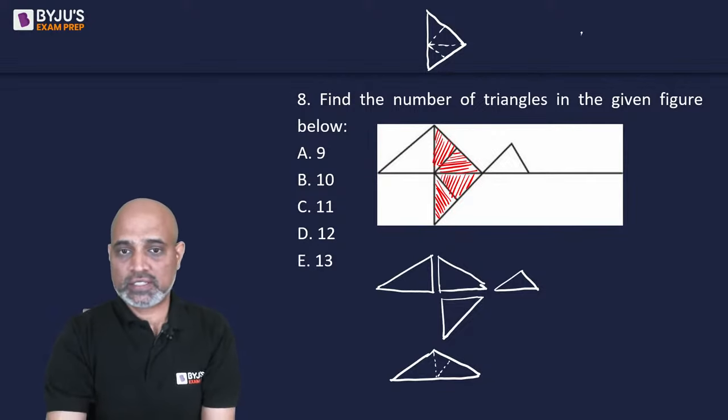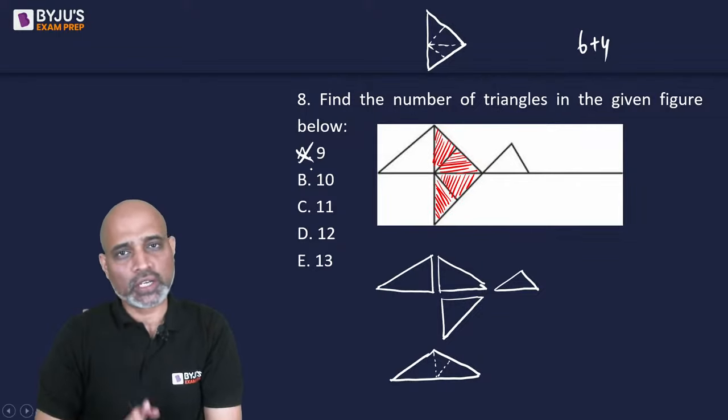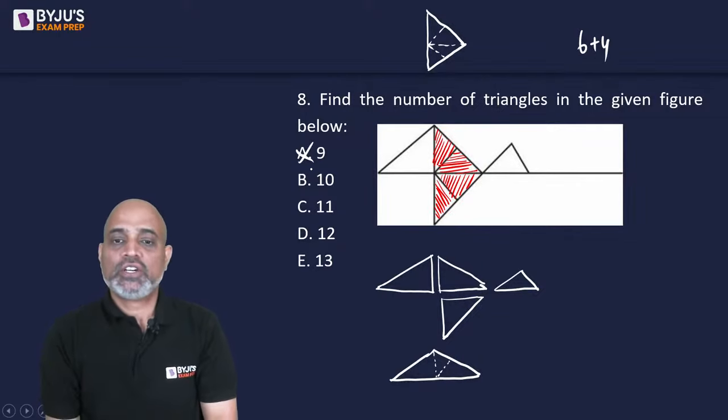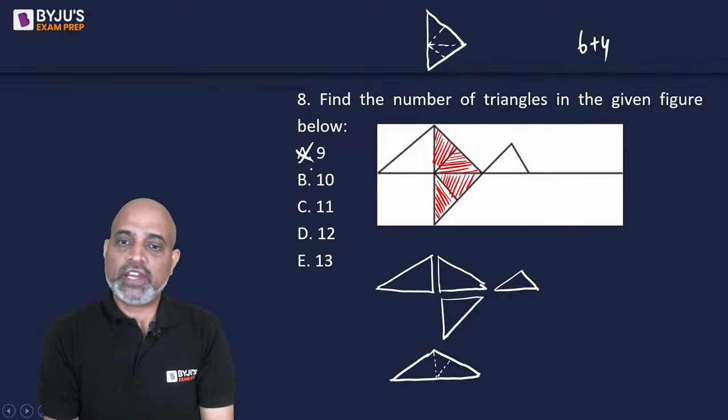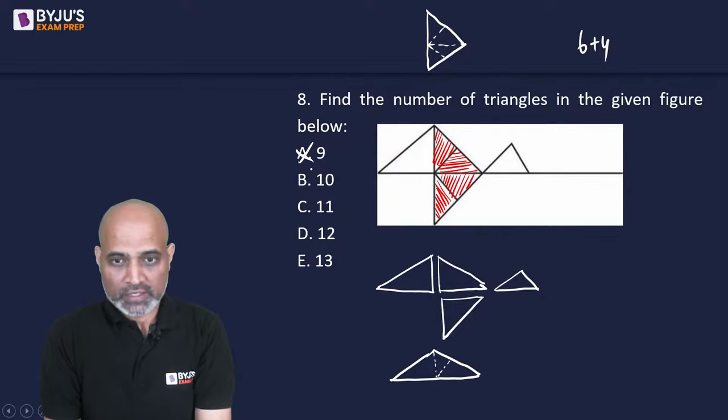So 6 and then 4. So A तो नहीं है, 10 तो अभी मिल चुका है, right? Okay. Do we have any more triangle here? So 1, 2, and 3. Then we have 1, 2, and 3. Then we have 1. Then we have 1 and 2.